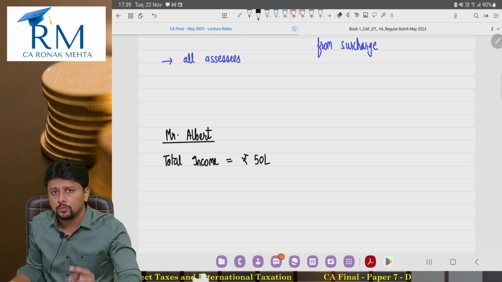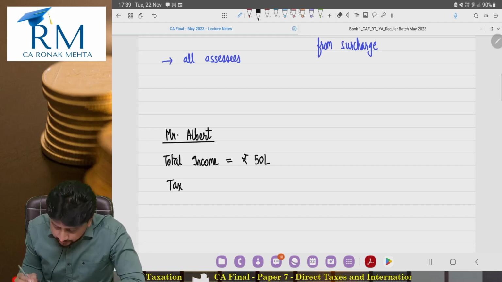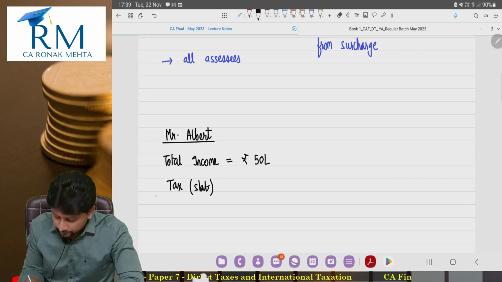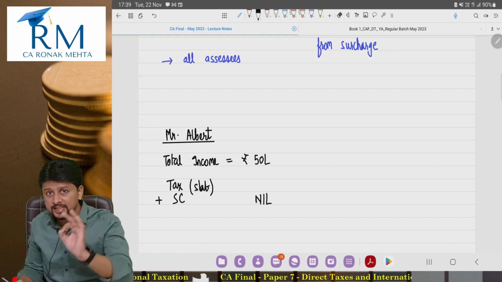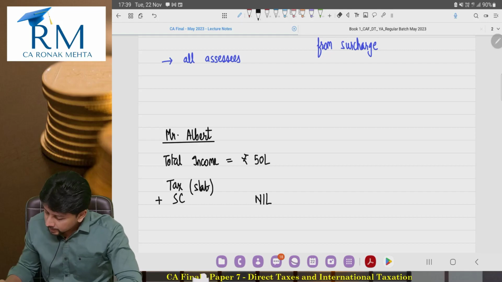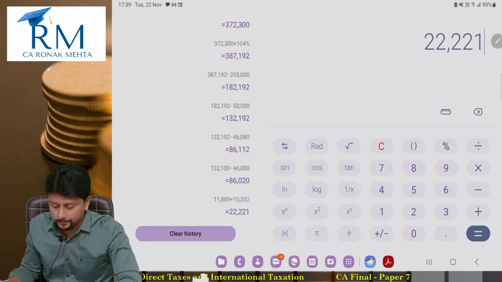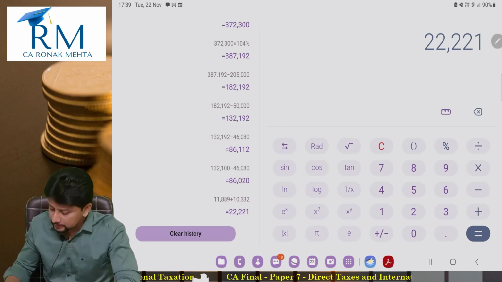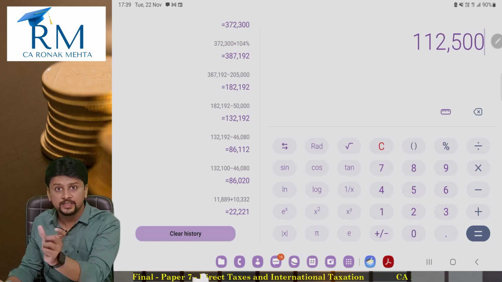So my assessee Mr. Albert is having a total income of exactly 50 lakhs. On this total income, he will pay his tax. Tax will be calculated according to slab rates of course. But as far as surcharge is concerned, surcharge will not be there because the income is exactly 50 lakh rupees. So what is the tax that he is supposed to pay on an income of 50 lakhs? On the first 10 lakh rupees, he is supposed to pay a tax of 1,12,500 as per slab rates.